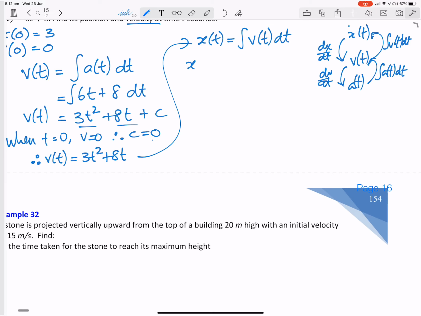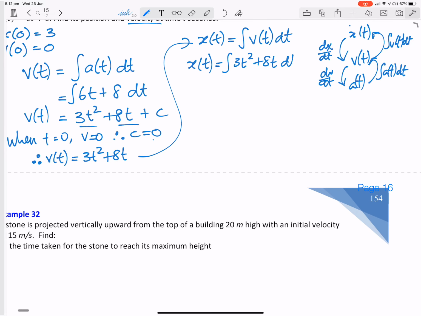So x of t is the integral of 3t squared plus 8t dt. When I integrate 3t squared, I get t cubed, plus 8t to the 2 on 2, which is 4t squared, plus, now you can't use c because you've already used it, so let's say plus d.